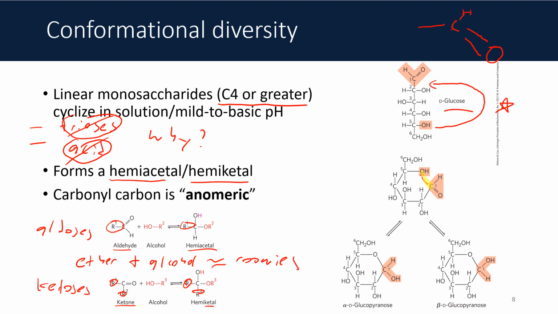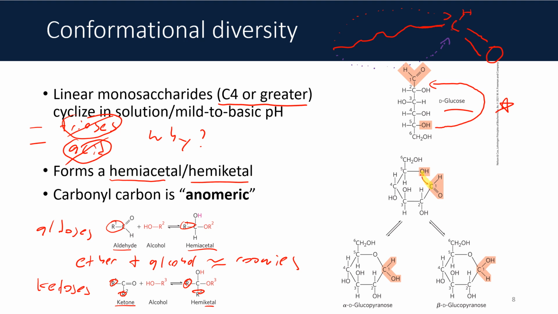And here are the backbone carbons, 4 more. The nucleophilic hydroxyl has options. It can swing up and around and attack the top of that trigonal carbonyl plane, or, I'll try a different color here, it can swing around and attack the bottom.